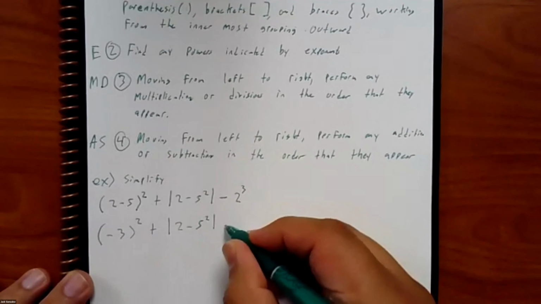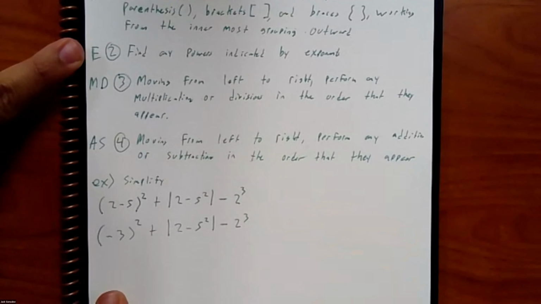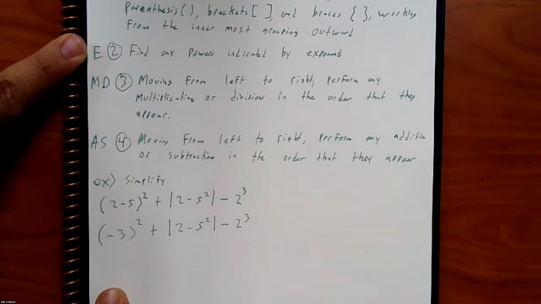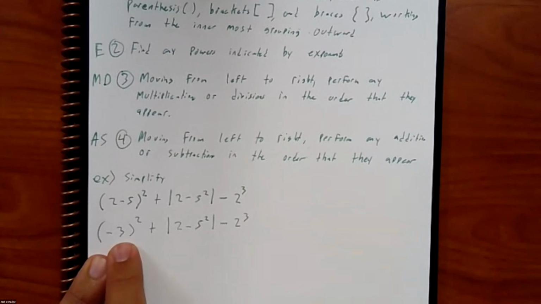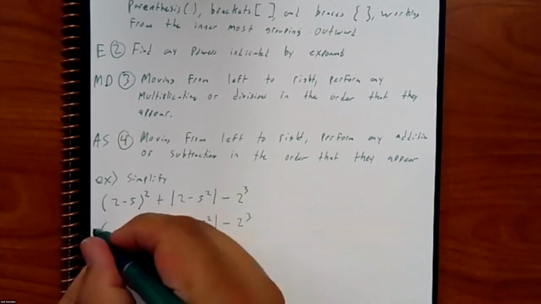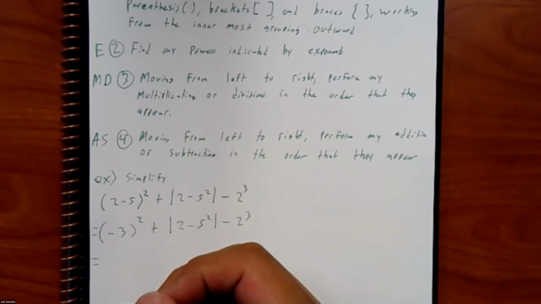Exponent. Yeah, number 2 says any powers indicated by exponents. So as soon as I start looking left to right, I see an exponent. I should deal with this first. What is negative 3 squared? Positive. Yeah, it's going to be positive, right? Because it's negative times negative, an even number.